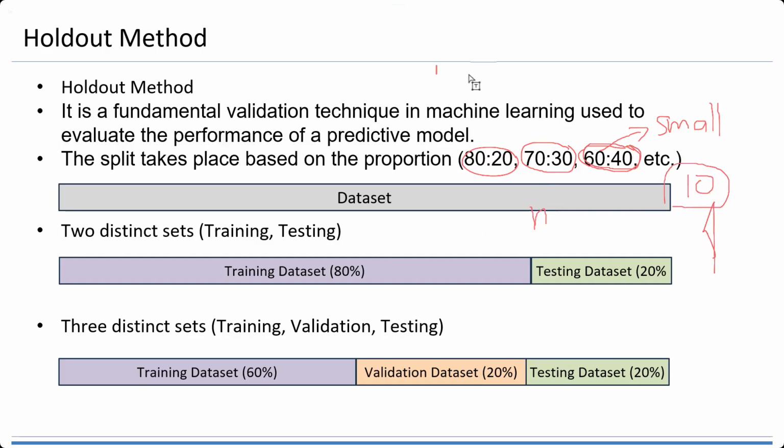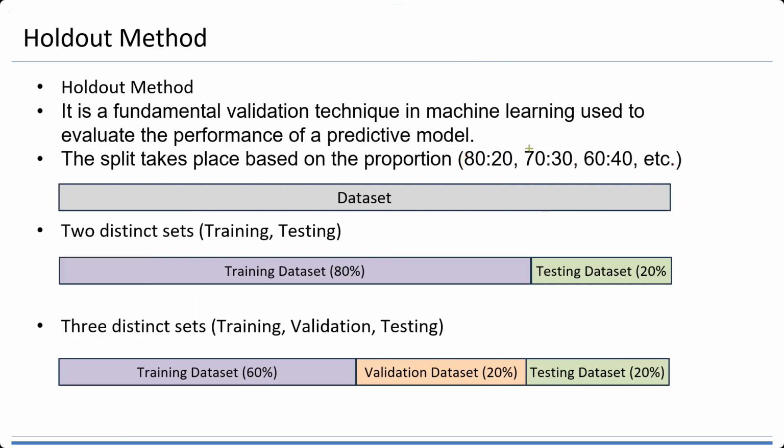Do you know nuclear accident? The nuclear accident is very rare, so you cannot get the data frequently. Because the data is too small, you can split into 60-40. Then we have a good proportion: 6 data for the training, 4 data for the testing.